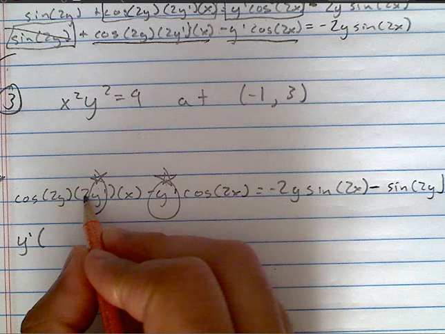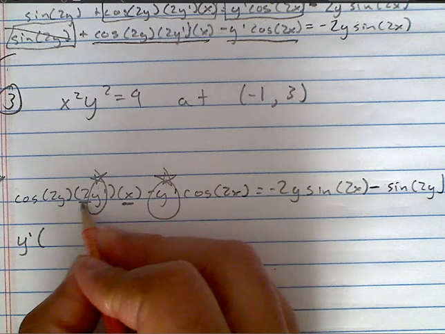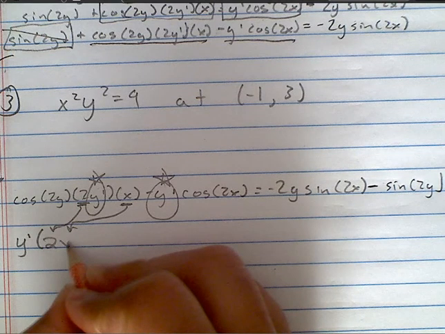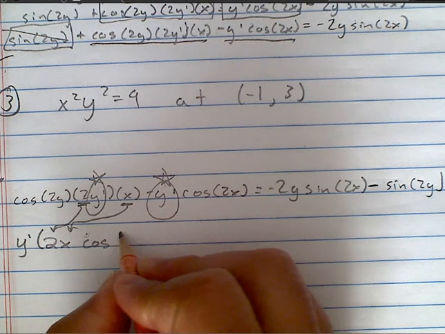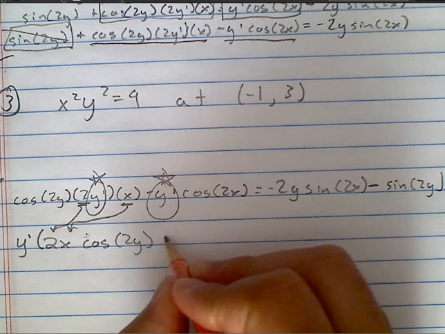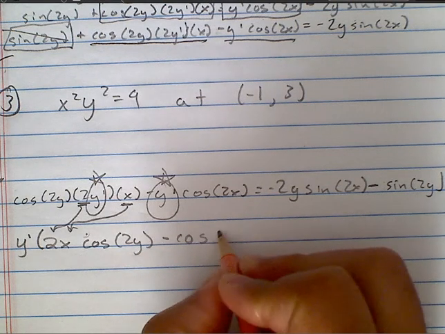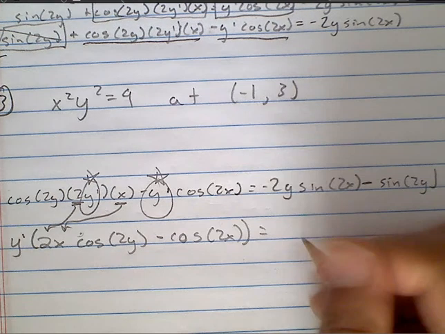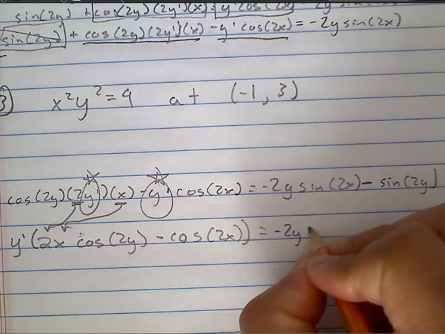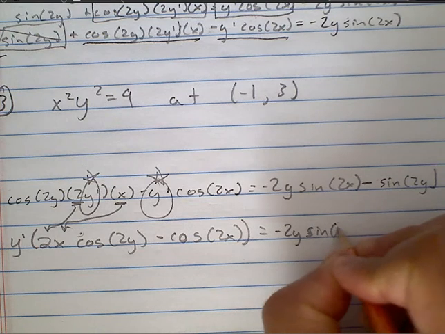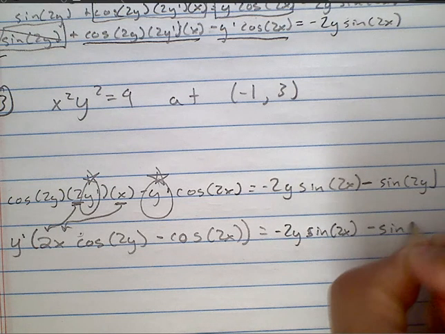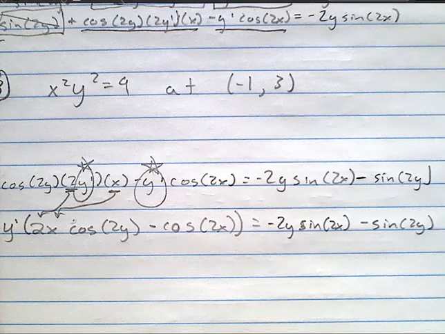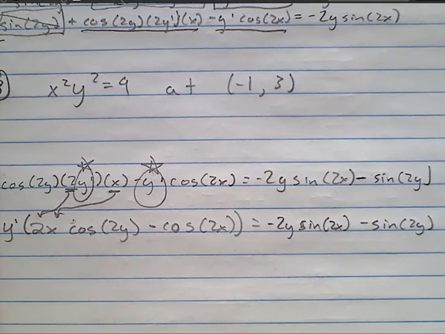Now I can move this 2 and this x out of the front just because I can. 2x cosine 2y minus cosine 2x equals negative 2y sine 2x minus sine 2y. Okay, I need to zoom out a little bit. This is getting a little ridiculous. There we go.